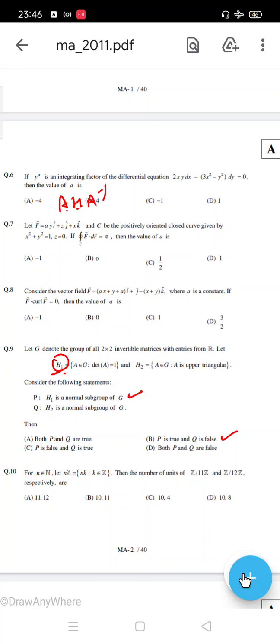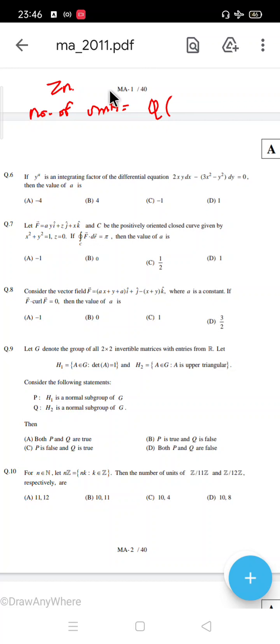I'll put down everything I know for Zn. Okay, so for Zn the following are known to me up to now. Zn, the ring of integers modulo m: the number of units is phi of m. The number of zero divisors is m minus 1 minus phi of m.